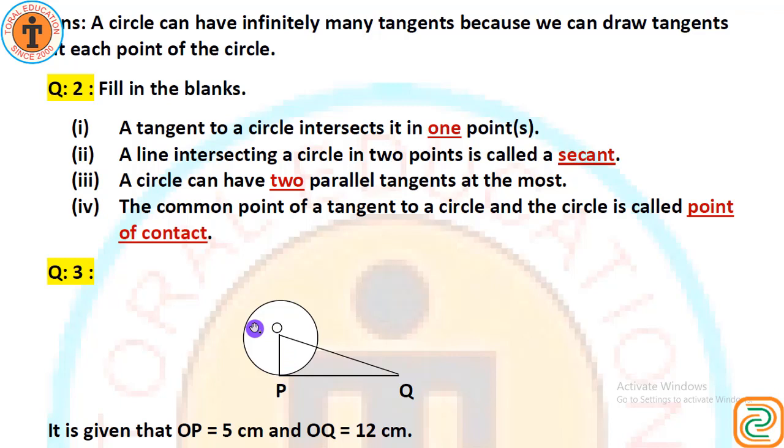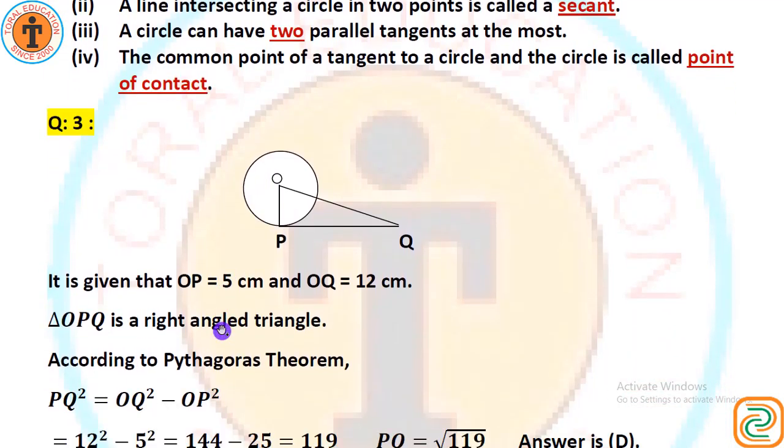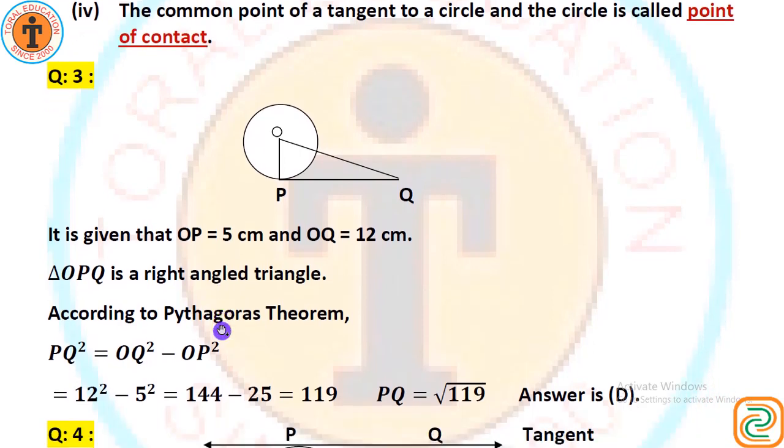Now question number 3. Very easy. Here we have been given a tangent PQ at a point P of a circle of radius 5 cm. The radius of the circle is 5 cm, that is OP is 5.